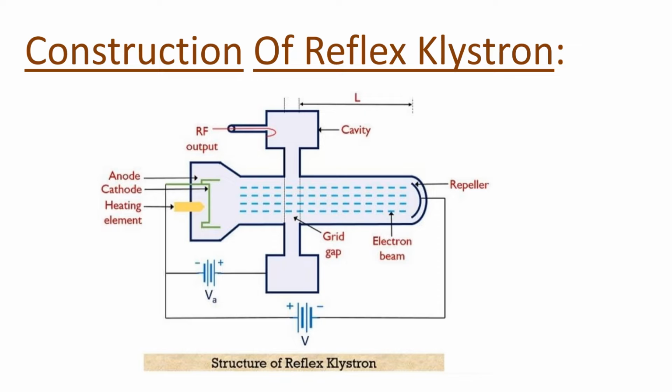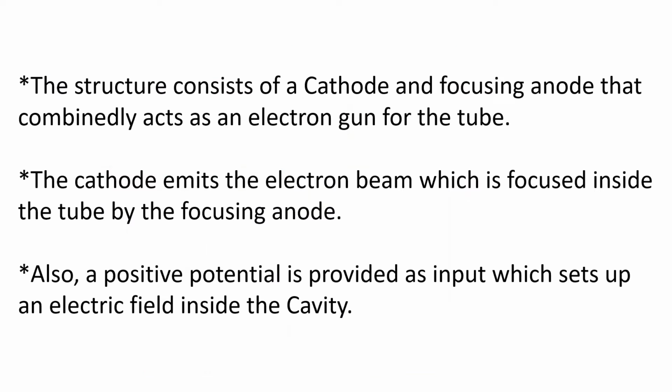Then we'll discuss some points on construction of reflex Klystron. Here, the structure consists of cathode and focusing anode that combinedly act as an electron gun for the tube. The cathode emits the electron beam which is focused inside the tube by the focusing anode. And also a positive potential is provided as input, which sets up an electric field intensity.